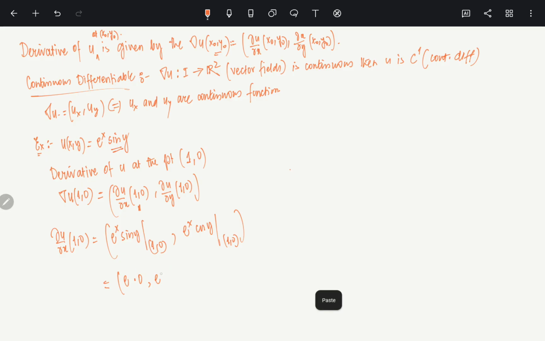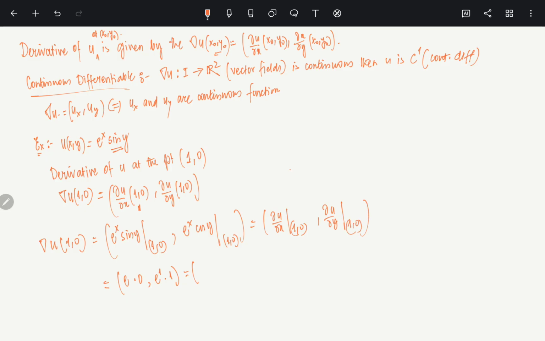And for e power x cosine y, cosine 0 is 1, so this is e. So the derivative in this case, I should write as the gradient of u at the point (1, 0). This is your del u del x at the point (1, 0), and then del u del y at the point (1, 0).